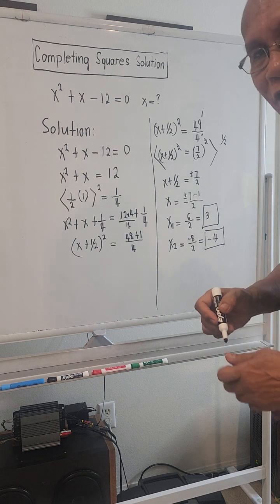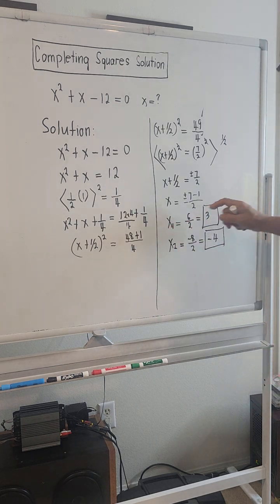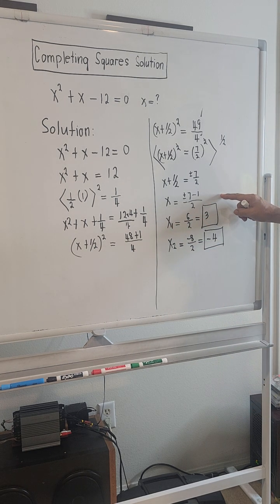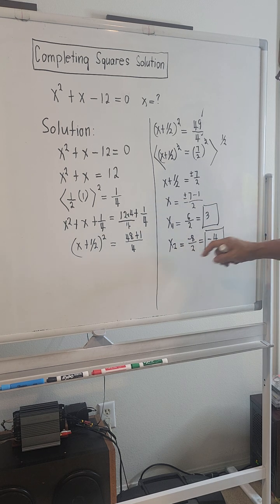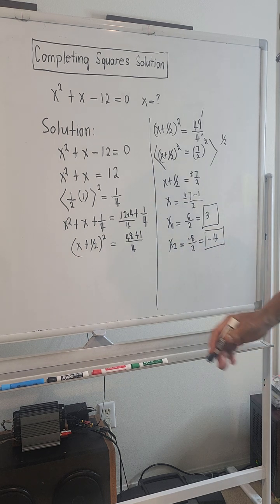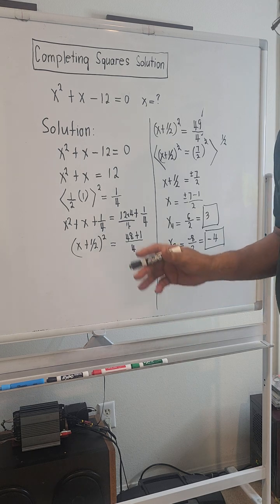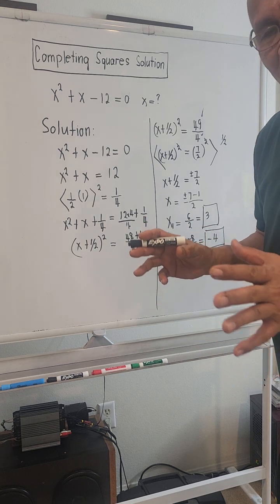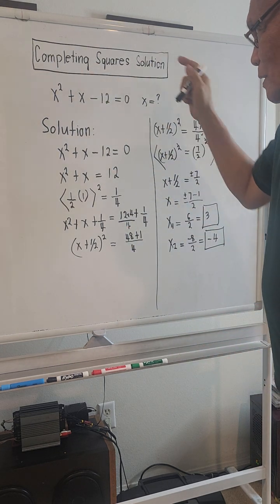So the answer here is x1 equal to positive 3, and the value of x2 is equal to negative 4. That's the solution by using completing squares.